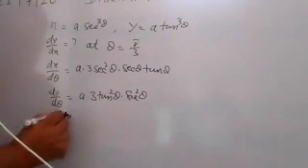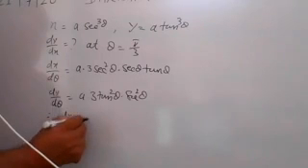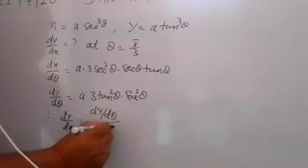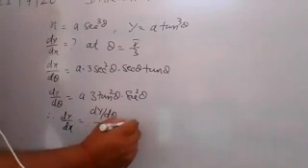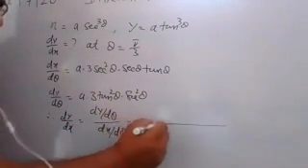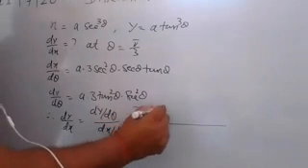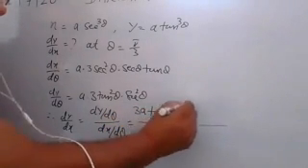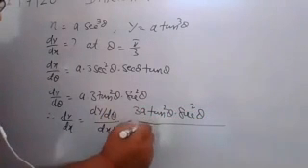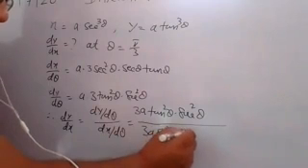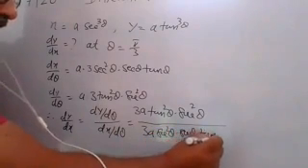So dy by dx is equal to dy by d theta upon dx by d theta. Now putting the values, you have 3a tan square theta sec square theta upon 3a sec square theta into sec theta tan theta.